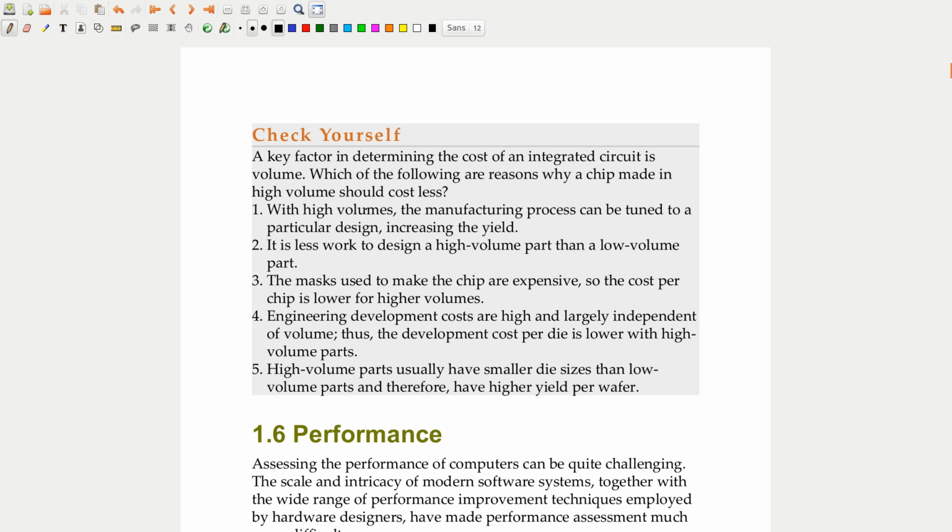Sure. So number one is going to be true. Can anyone tell me why it's going to be true? Just a quick one or two words is all you need to answer this.